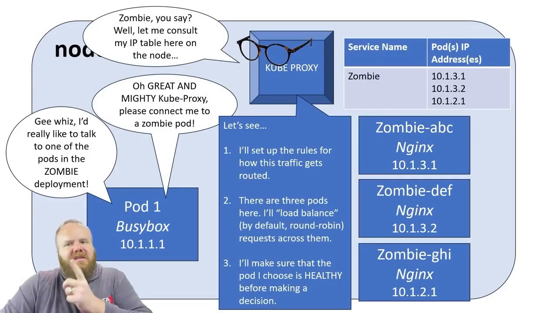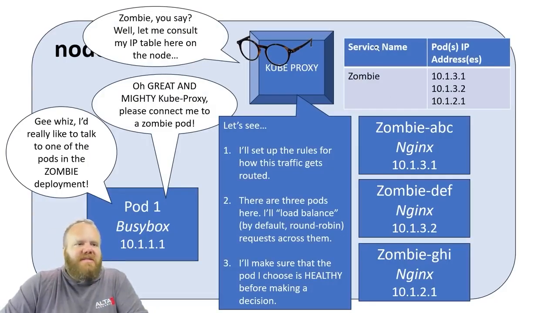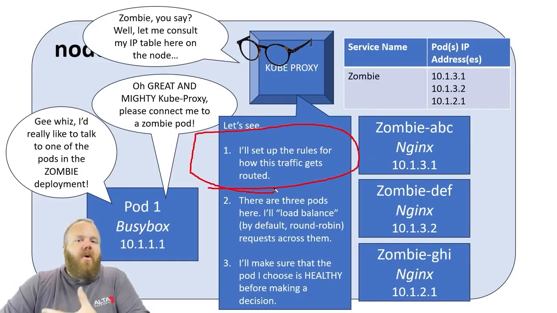What kube-proxy is going to do is check its service table. It's going to find one called zombie, and it's going to see that there are 3 IP addresses to choose from. The kube-proxy is responsible for obeying the rules of which IP address gets selected.